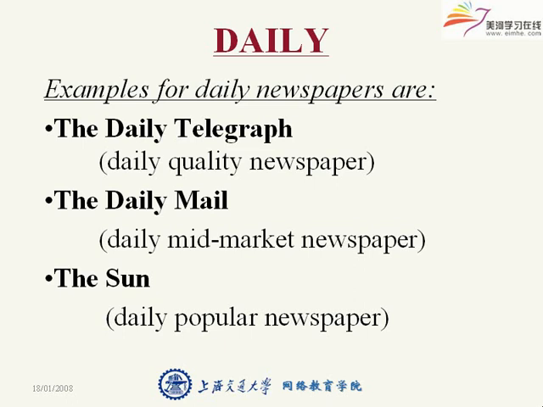Then the Sun, that is a daily popular newspaper. Now, we call it popular, so that means a lot of people buy it, but actually the information is very little, right? We will see this later. In the Sun, you don't have political news, or very sophisticated news. What you have is, who is whose boyfriend, right?